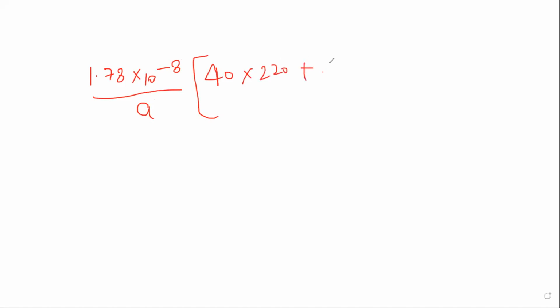Similarly, plus the next distance 60 into 190, plus similarly for the third section and the fourth section, must be equal to 10.